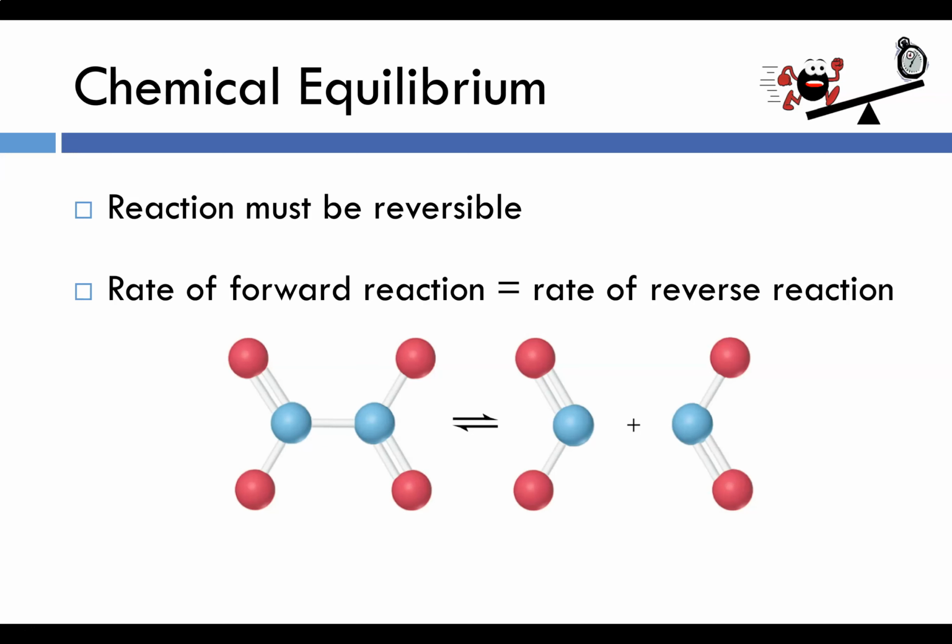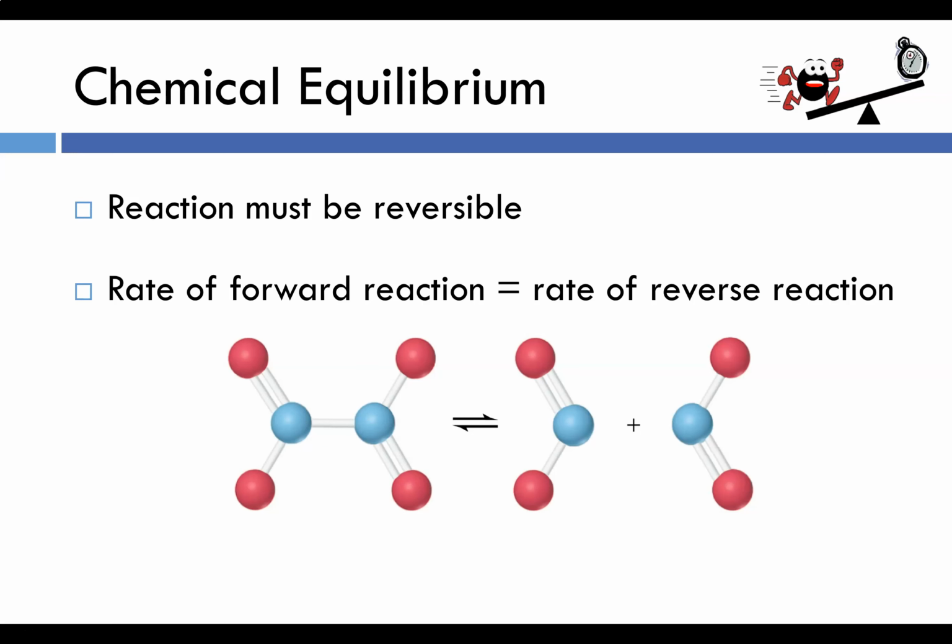We can't be super specific with the nature of the forward and reverse reactions the way we were with phase equilibrium, where evaporation is equal to the rate of condensation, or solution equilibrium, where the rate of dissolving is equal to the rate of crystallization. So we're just going to be really, really general here. The rate of the forward is equal to the rate of the reverse reaction.